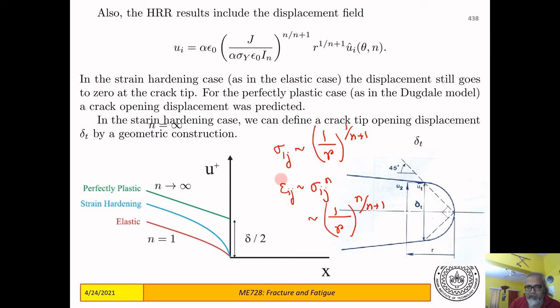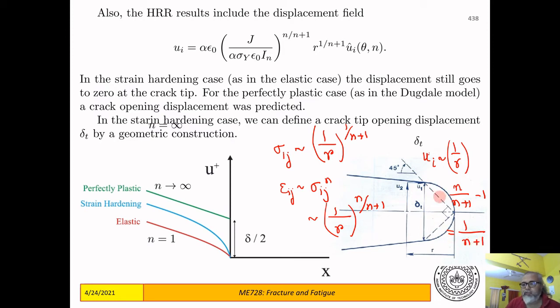And this means that displacements would scale as 1 by r to the power... So to get displacements you will have to integrate this, so this will scale as n by n plus 1 minus 1, which is equal to minus 1 by n plus 1.